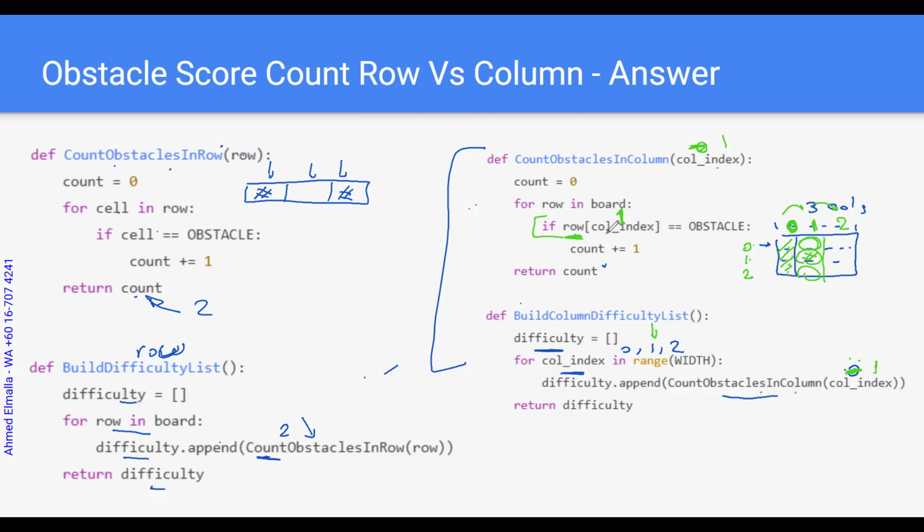That's why we're having square bracket index 1. Okay, so the index 1 will make us focus, from this row, we only focus on this portion, okay? So you return the count, every time you find a number, you insert it into the difficulty list, and then you return the difficulty list.